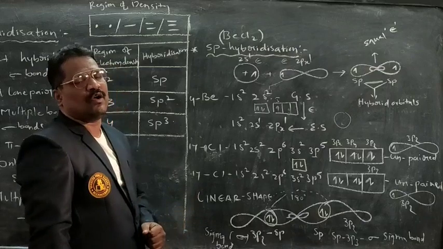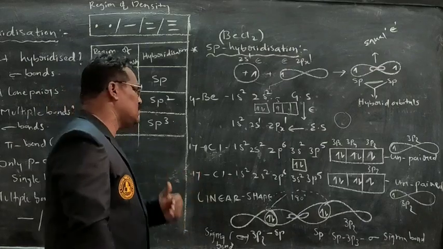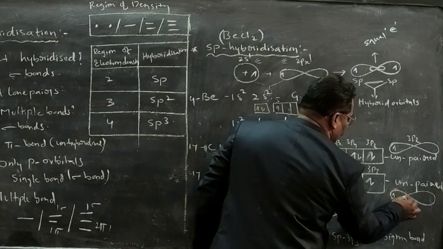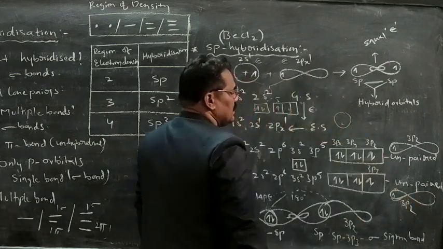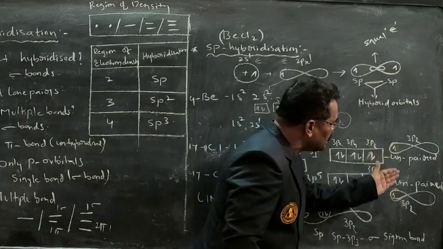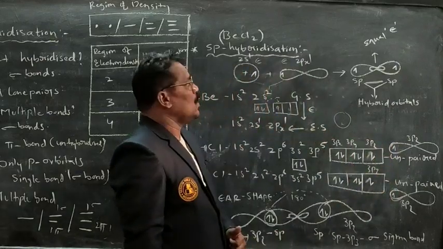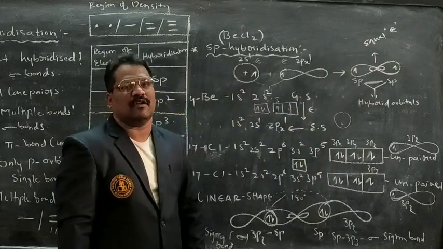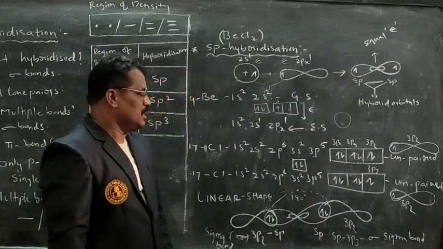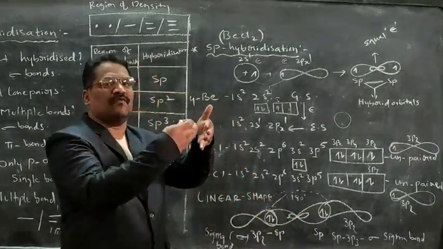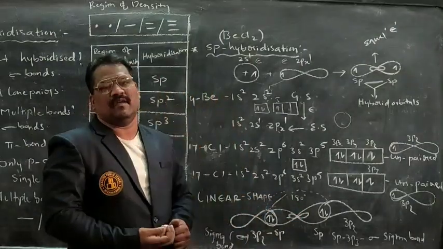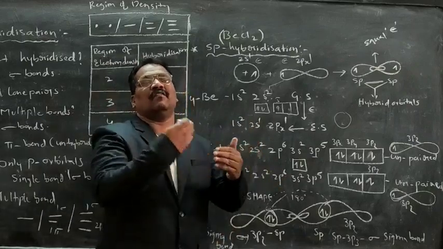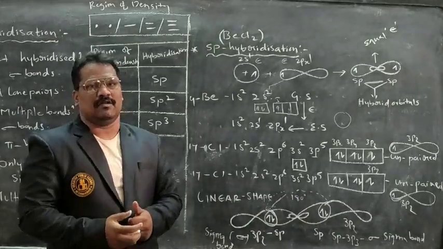Similarly, consider one more chlorine atom with an unpaired 3pz orbital. These two 3pz orbitals of the two chlorine atoms overlap with the two sp hybrid orbitals, by end-on-end overlapping between the two orbitals. One is a hybrid orbital, the other is a 3pz orbital.